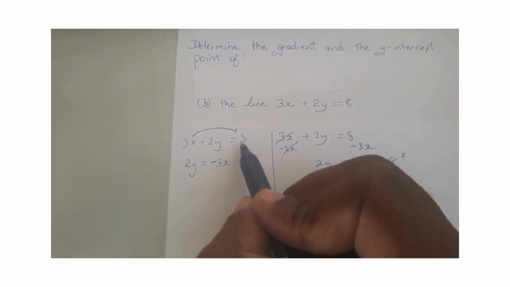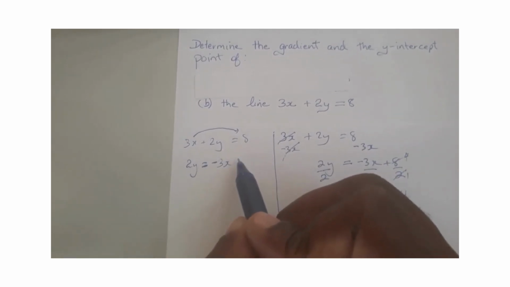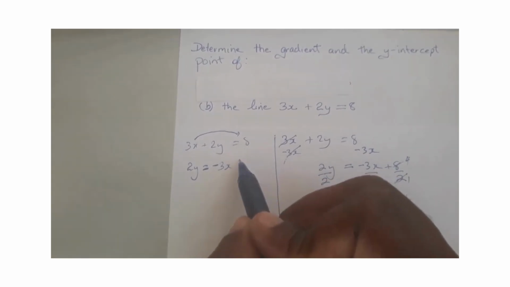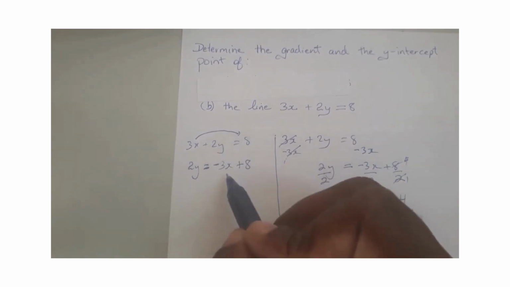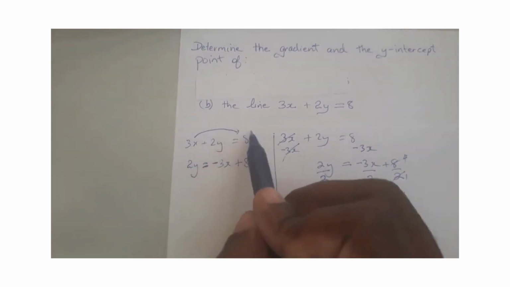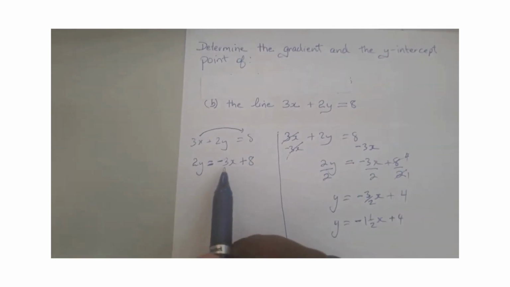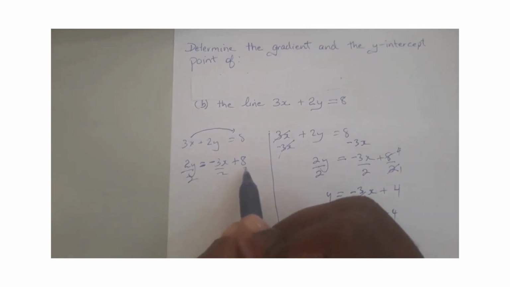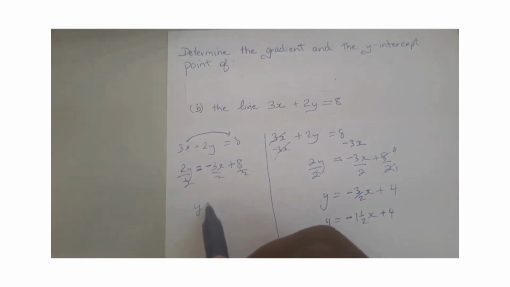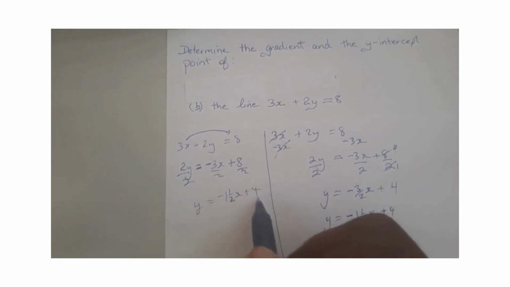Now the 8, which comes after the equal sign, will still be after the equal sign on the right hand side, so it is positive 8, and we maintain it as positive 8 since we did not transpose it over the equal sign. We only transpose the 3x over the equal sign. Now we have 2y equals negative 3x plus 8. Again, we divide through by 2. And of course that will give us negative 1.5x plus 4, which was explained earlier.